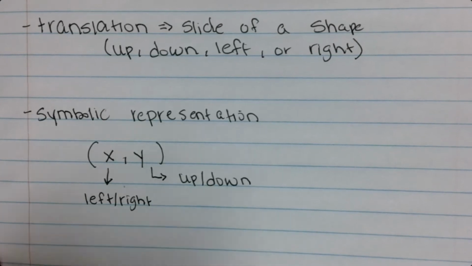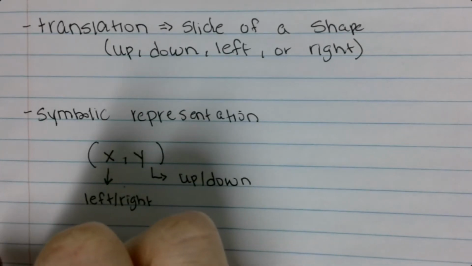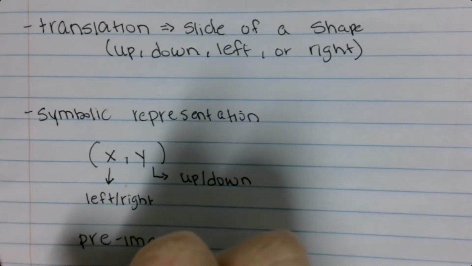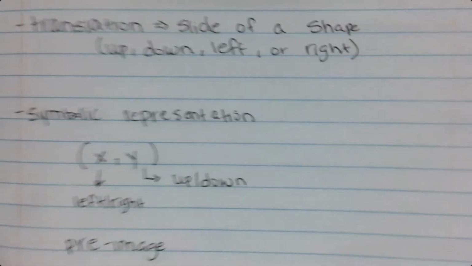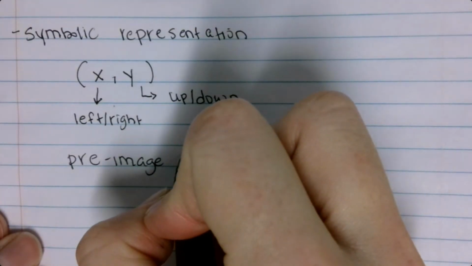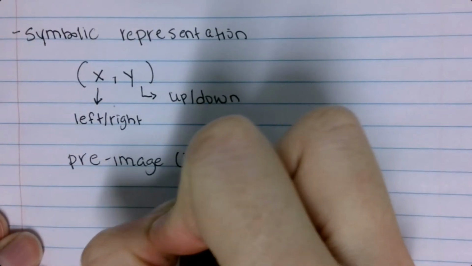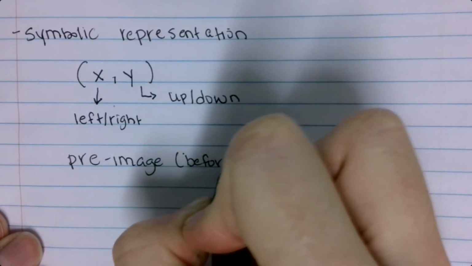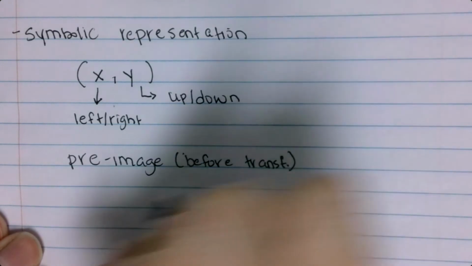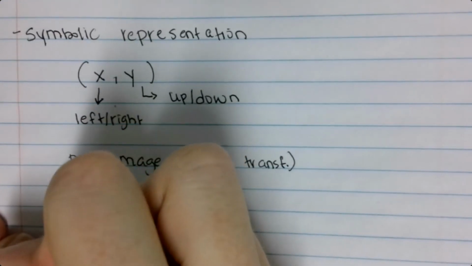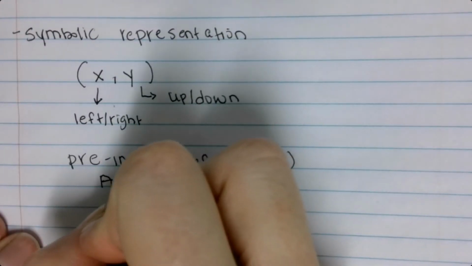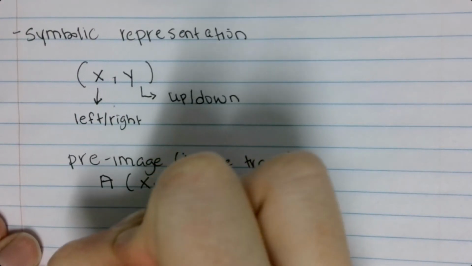So think about it this way. The pre-image, pre meaning before, before the transformation, that's going to be whatever the letter is, whatever the dot is or the point, that's going to be just regular x comma y.